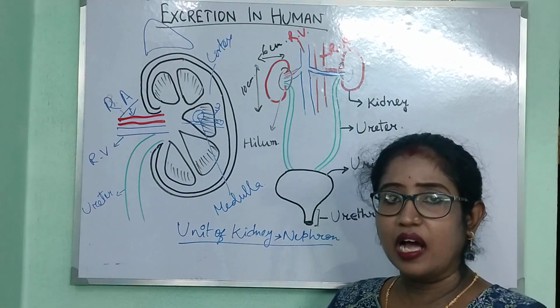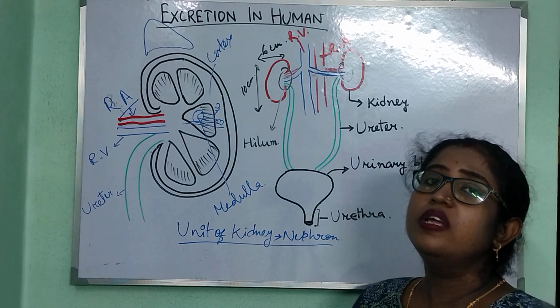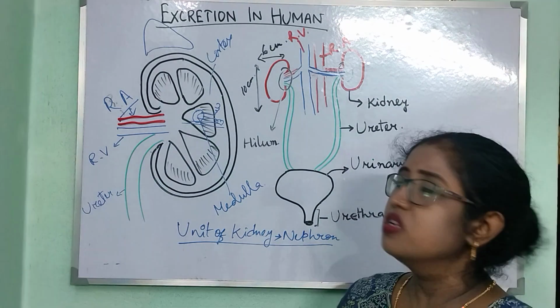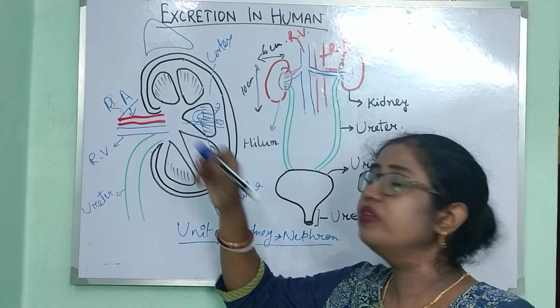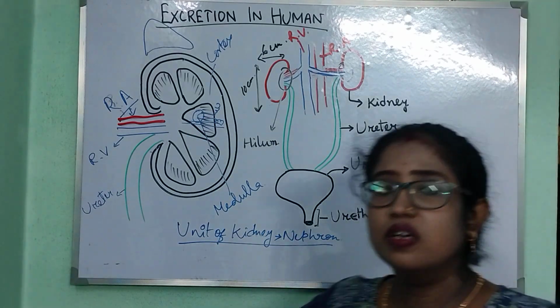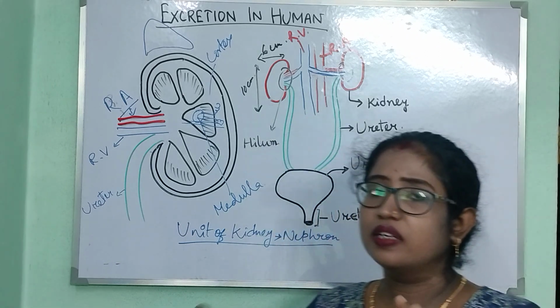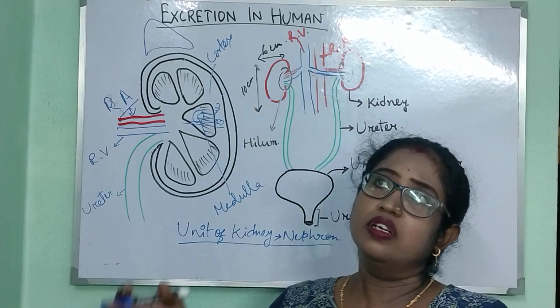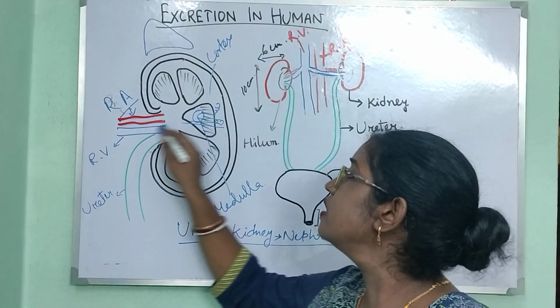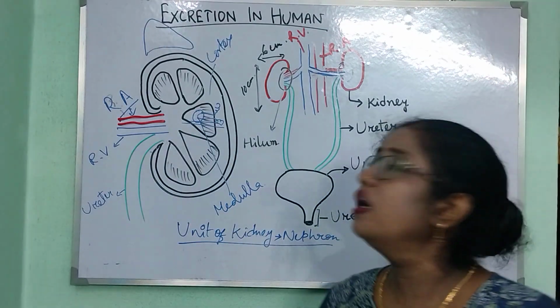Collecting duct is a duct that is the opening of different nephrons. The nephrons pour their contents into the collecting duct. The collecting duct collects the contents from different nephrons and drains them into a cup-like structure.